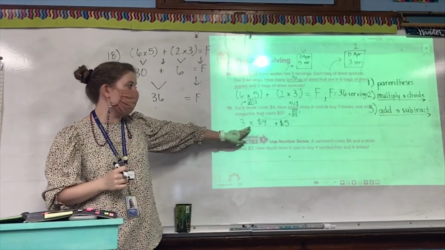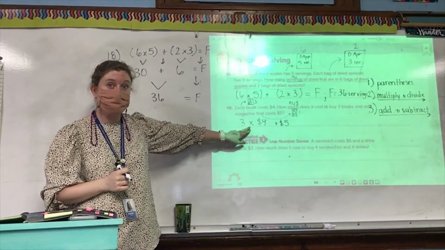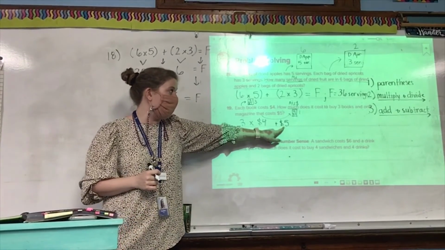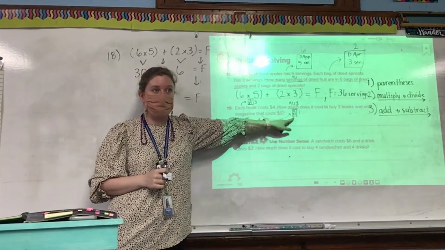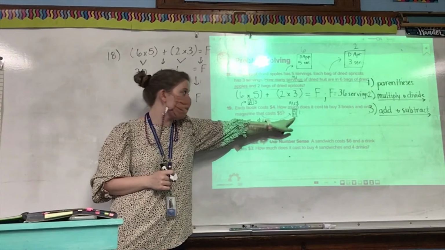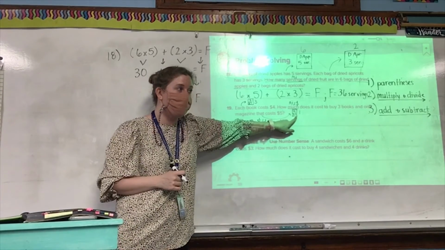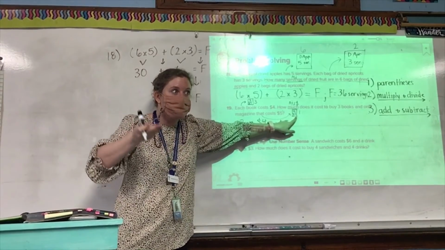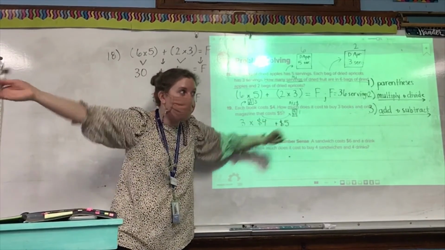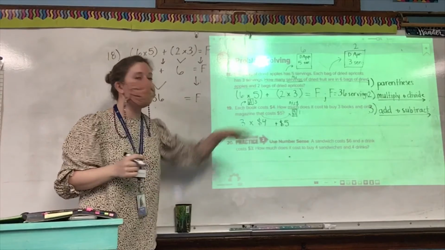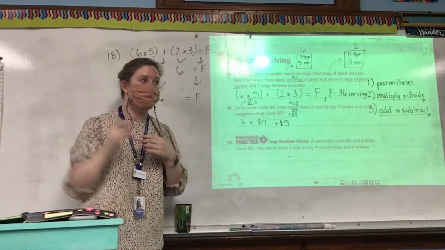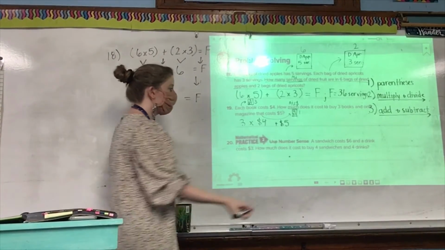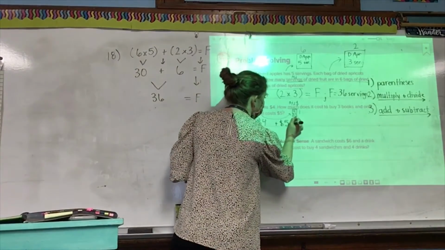Because I need to figure out how much the books cost altogether and then add the cost of the 1 magazine. I don't need to do multiplication to solve 1 times $5 because I know the answer is $5. Is there anything else I need to include in my equation, class? No. So I'm going to do equals.